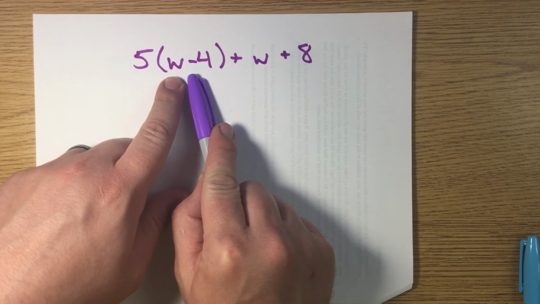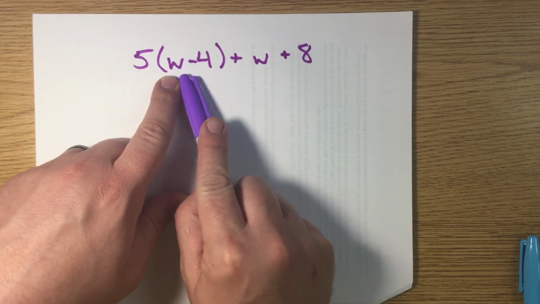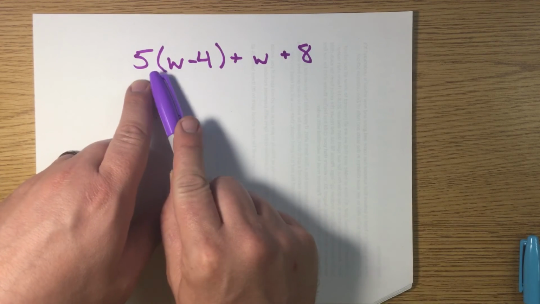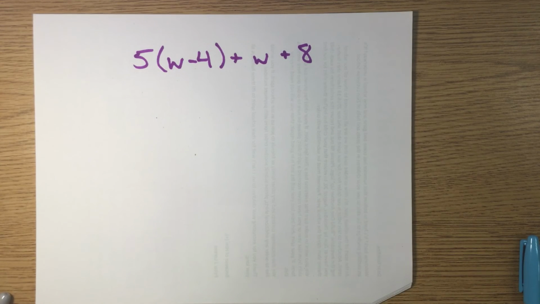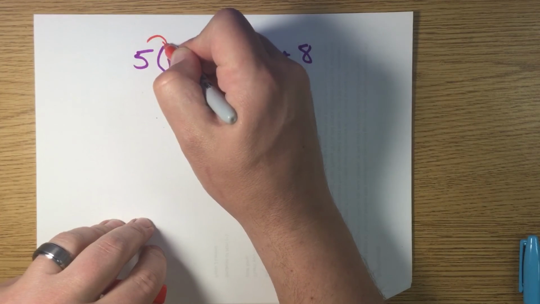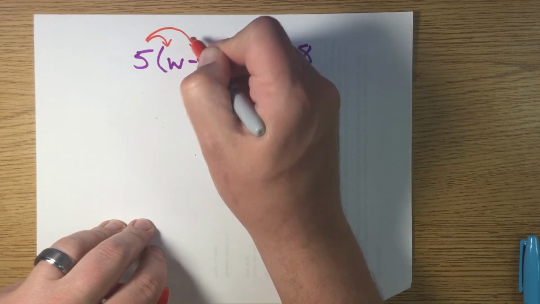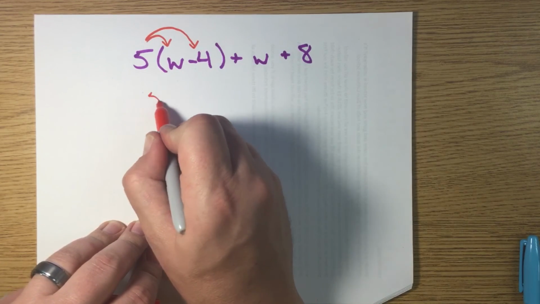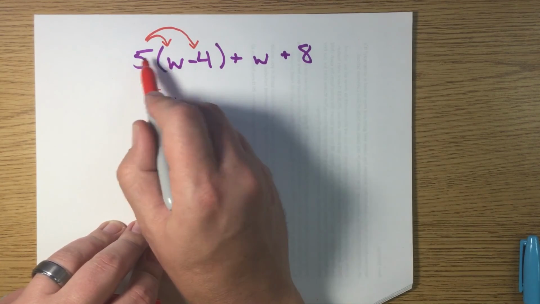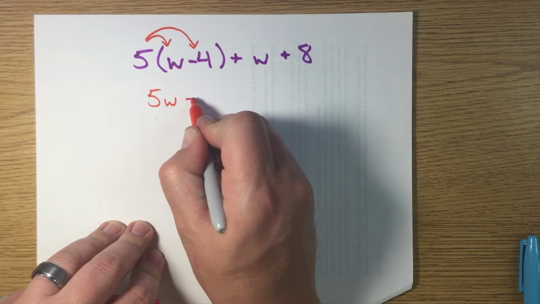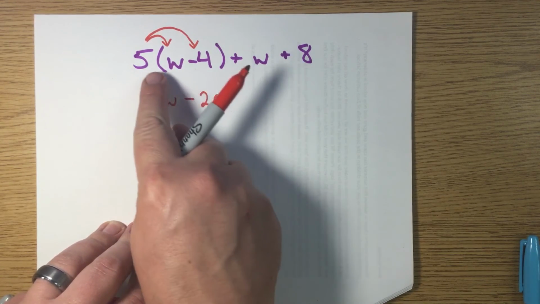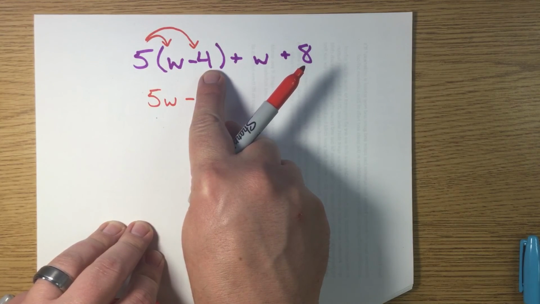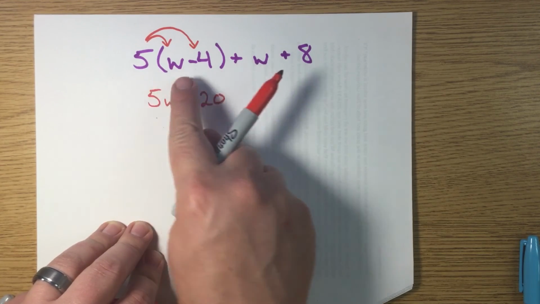But in this case I don't know what w is, so I can't subtract 4. The distributive property gives me a way to get around that. I'm going to distribute the multiplication outside into the pieces inside. 5 times w is 5w. 5 times negative 4 is negative 20. I have 5w minus 20 as a result of that multiplication.